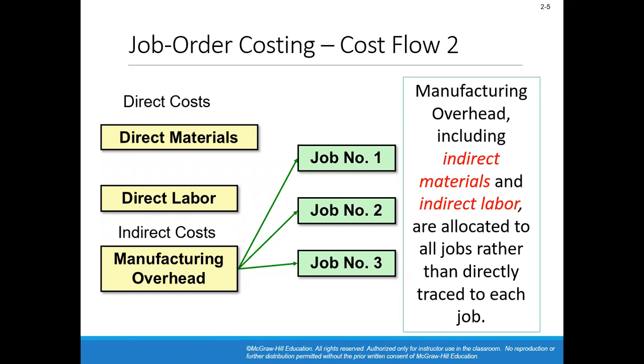Let me give you an example. The machine which will be printing the screen on your t-shirt requires some kind of grease. That grease is a kind of lubricant. It's not like for job number 1, they require 2 liters of lubricant. It cannot be like that. They have to apply the lubricant or grease to that machine based on the condition of the machine. If the machine demands lubricant or grease, they will apply it.